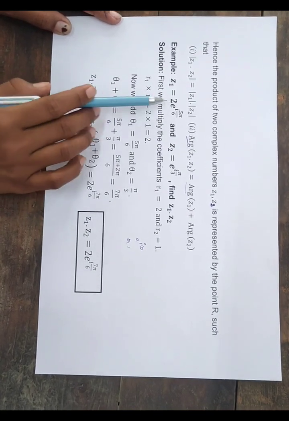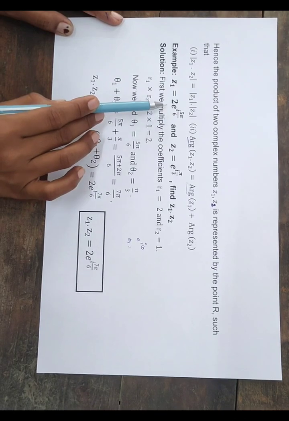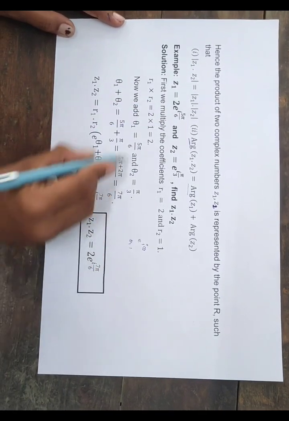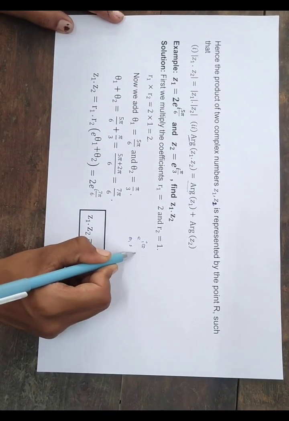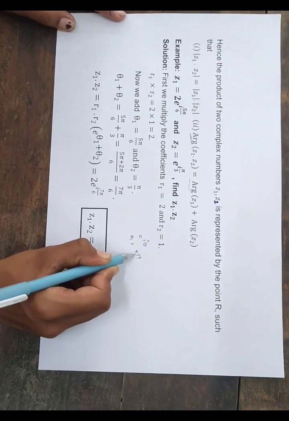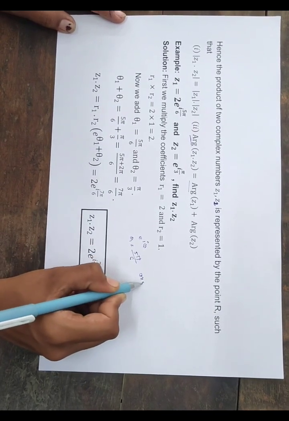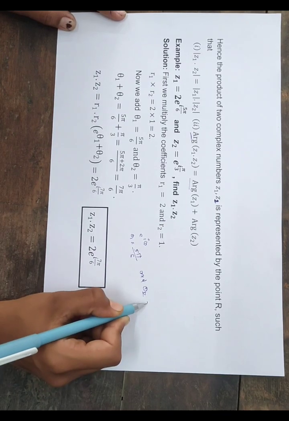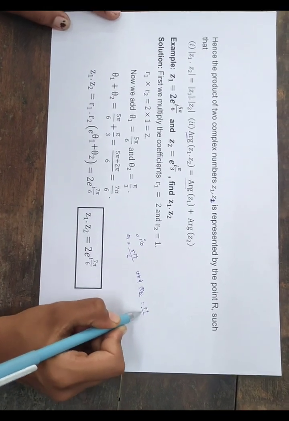We are comparing the exponents with e to the power i theta. Then theta 1 is equal to 5 pi by 6, and theta 2 is equal to pi by 3.